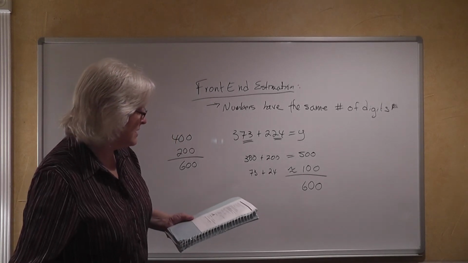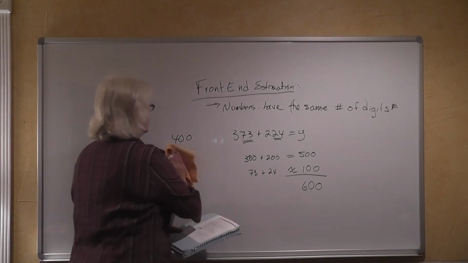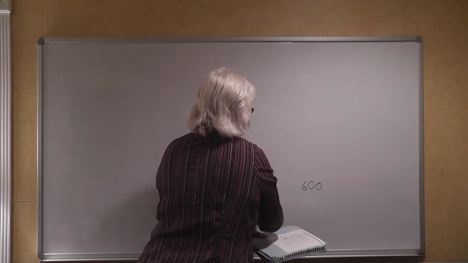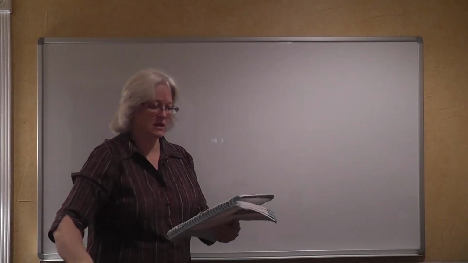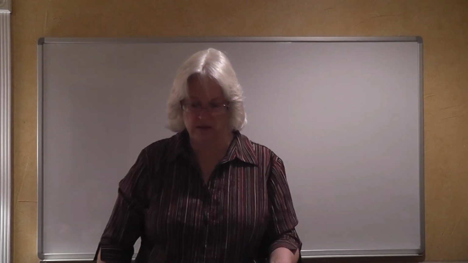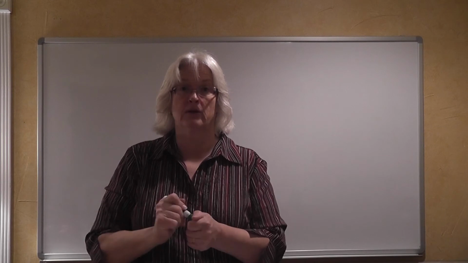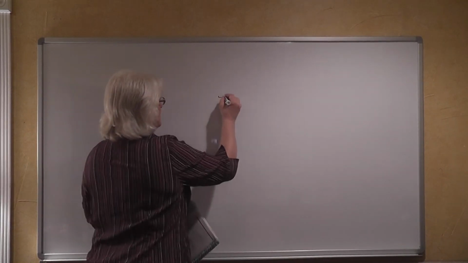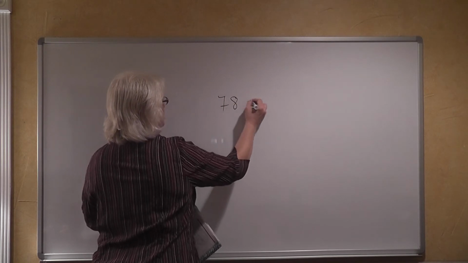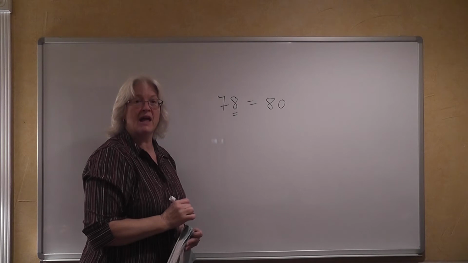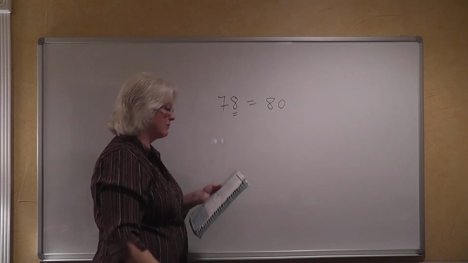All right, let's go ahead and look at this skill check, go through some of these examples here. Skill check says round to the indicated place. If we want to round 78 to the nearest 10, well, that's an easy one. 78 to the nearest 10 is 80. We figured that out because 8 is 5 or greater.